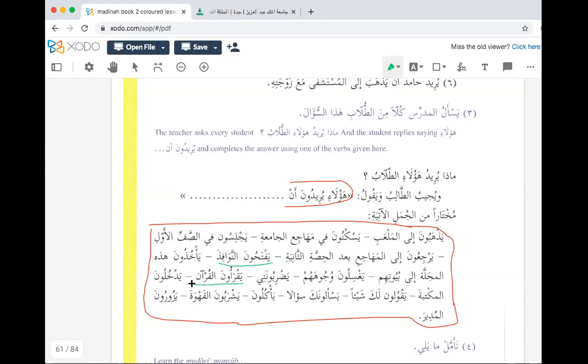Can you read the sentence as they asked? هؤلاء يريدون أن يزوروا المديرة. أحسنت. And that noon is dropped, and you go straight from the ra to the alif lam, to the يزوروا المديرة. بارك الله فيكم. Nobody else put their hands up, so how can I ask them?